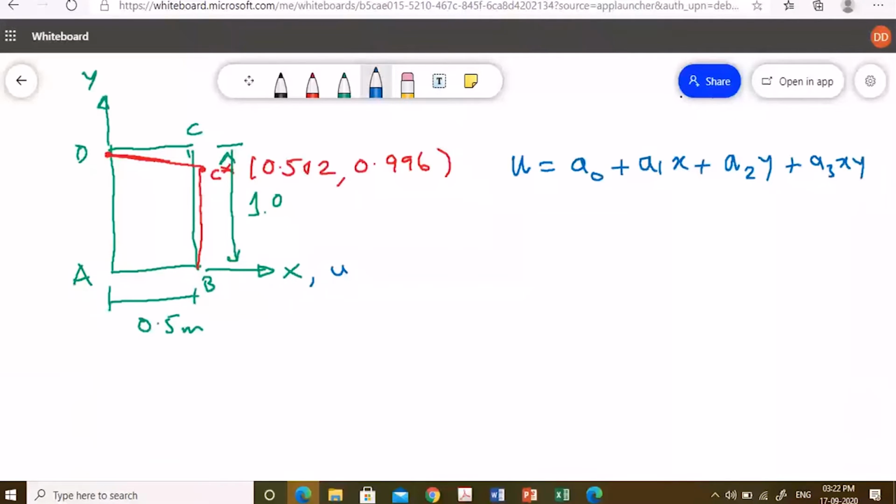This comes directly from Pascal's triangle. What is that Pascal's triangle? 1, x, y, then x square, xy, y square. I think you have studied that.